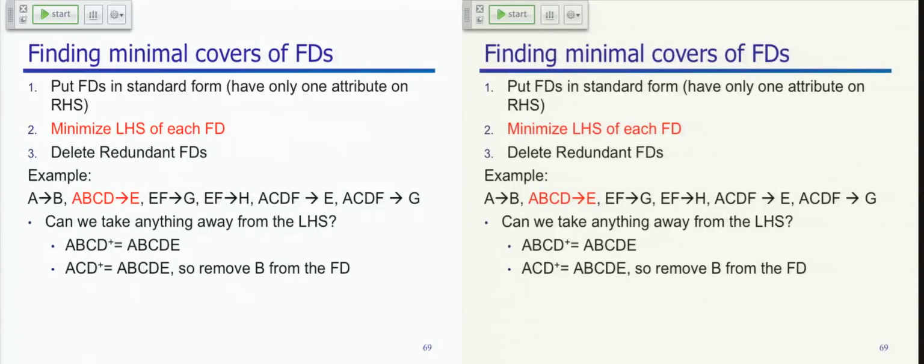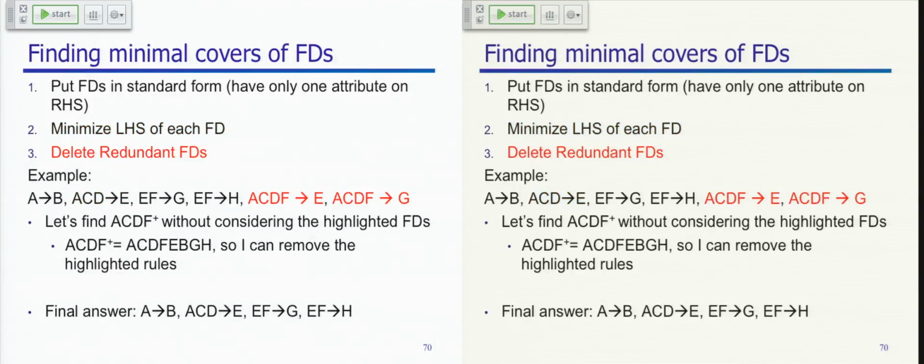Third rule says that go over the rules and see whether any one is redundant or not. Now, how am I going to check if something is redundant or not? If I want to consider a rule to see whether it's redundant or not, let's try ACDF determines E, the first highlighted rule.